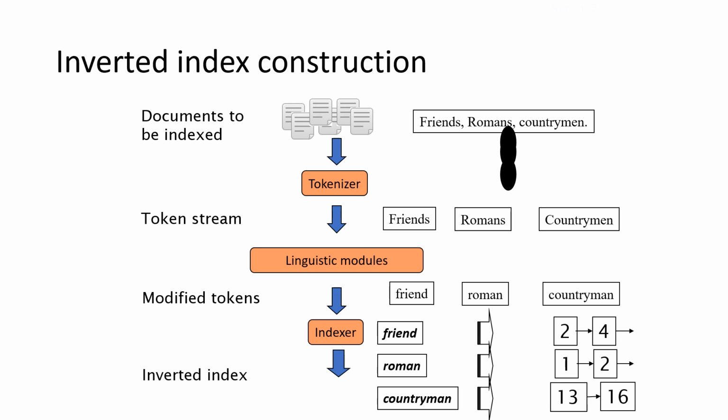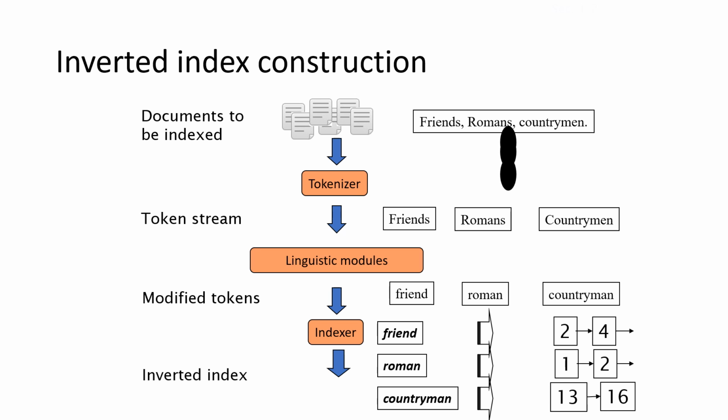This is how an inverted index is constructed. The documents to be indexed, which here are essentially web pages, are tokenized. We know what tokenization is: removing the white spaces and taking only the words. Then we have linguistic modules.